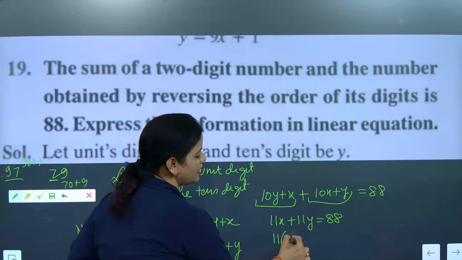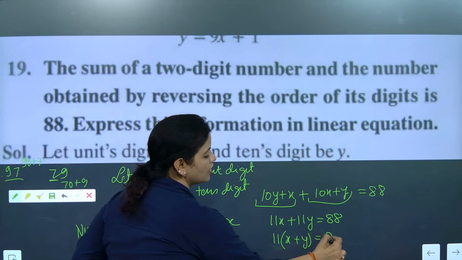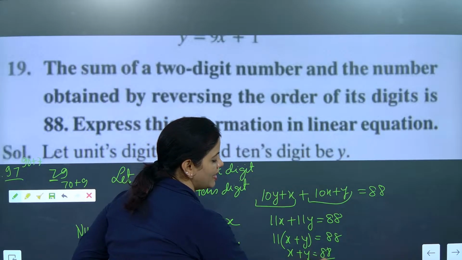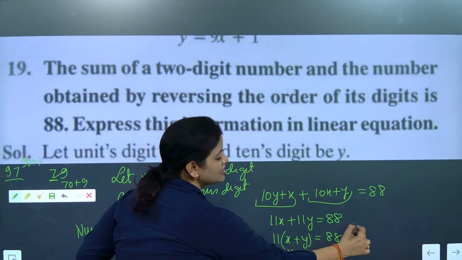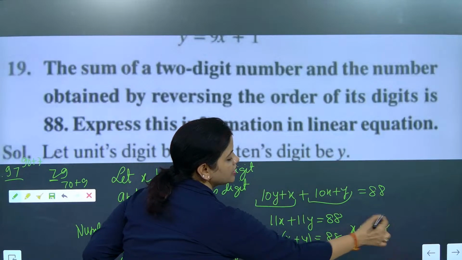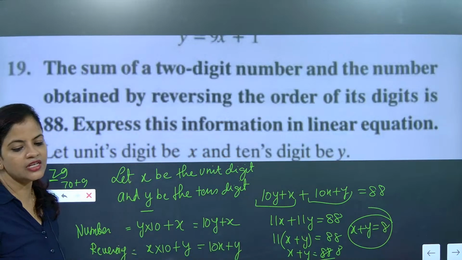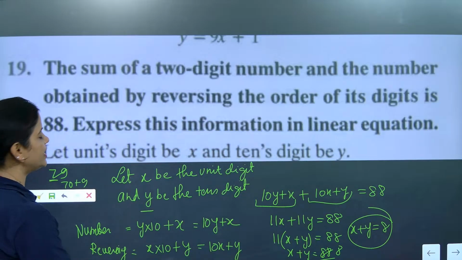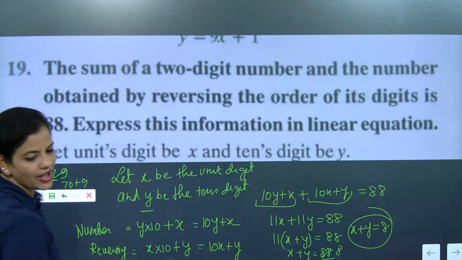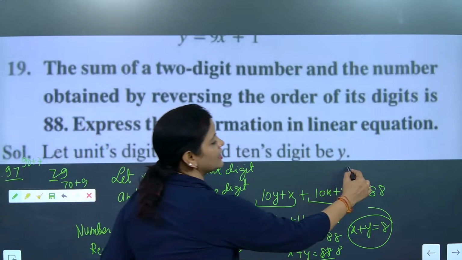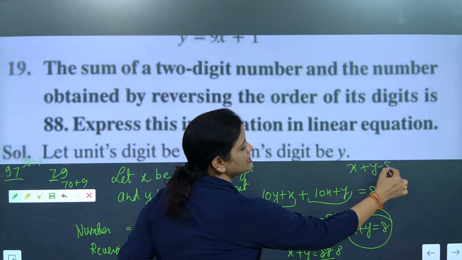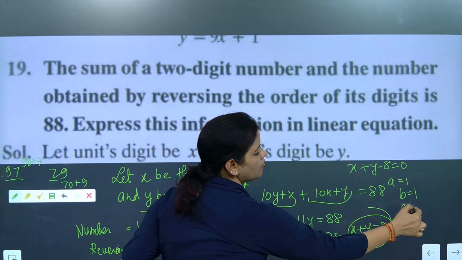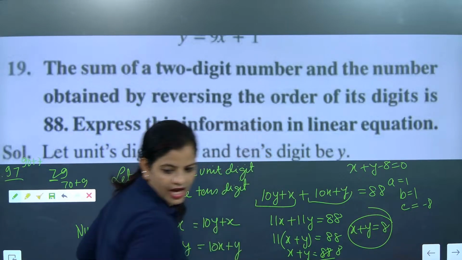Take 11 common, x plus y is equal to 88 by 11, which is 8. So your equation is x plus y is equal to 8. That is x plus y minus 8 equal to 0. What is A? 1. What is B? 1. What is C? Minus 8. I hope children understood.